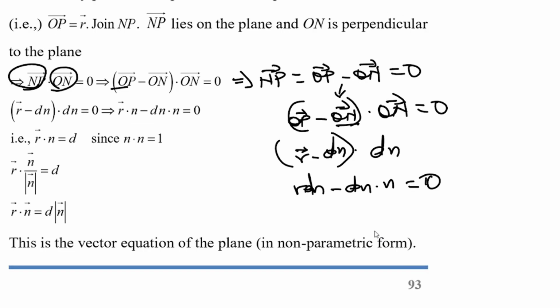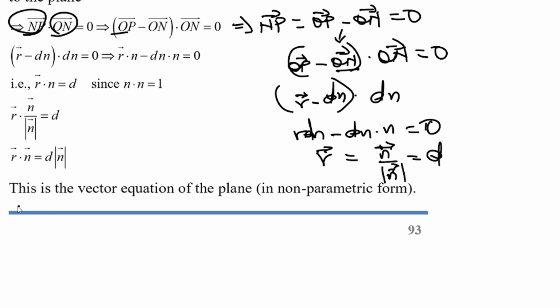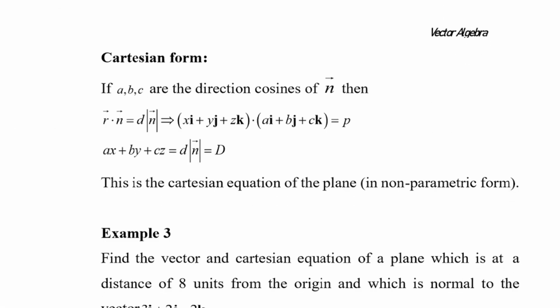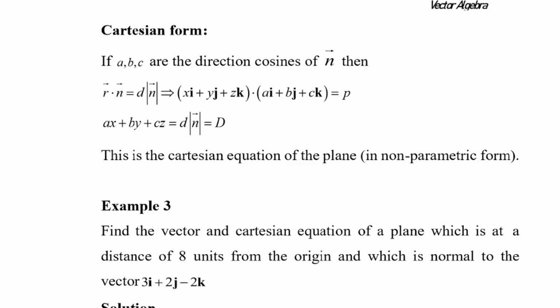So if you make r the subject, r dot n is equal to D, with n the unit normal, n over the magnitude of n. So this is the vector equation of a plane in non-parametric form. Now let's talk about the Cartesian form.